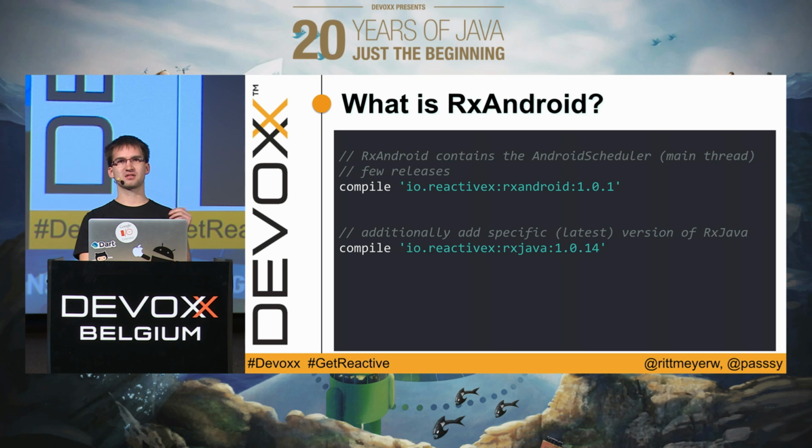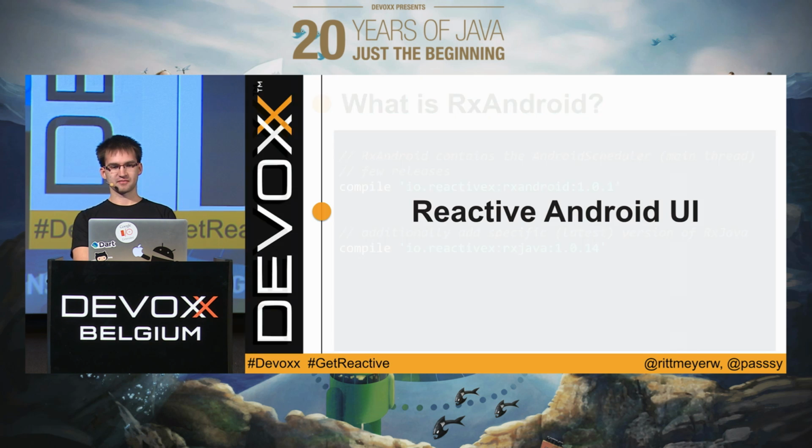This makes an observable run on the UI thread, the main thread, so you can manipulate the UI of Android. And I recommend adding the dependency to RxJava as well, because it gets updated more frequently, and updates are always good. So add both to your Android project and you're good.